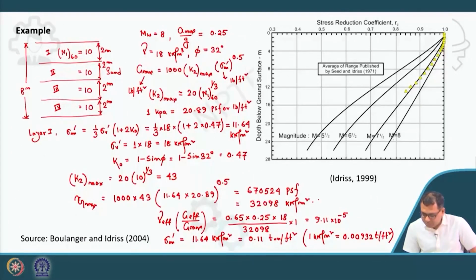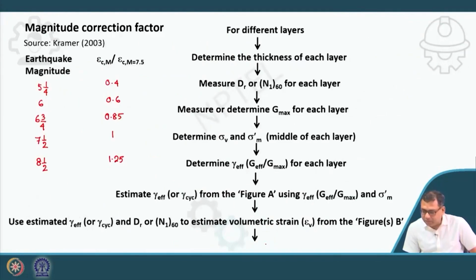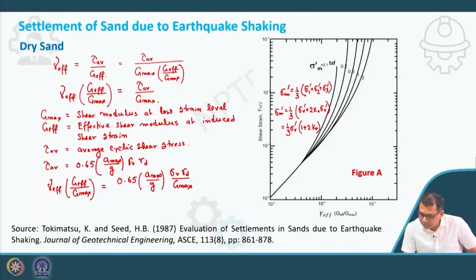So this is 0.1, 1 ton per feet square will be around here. This is 0.1, this is 0.2, 0.5, 1, 2. If I draw it, then my effective strain will be roughly how much?